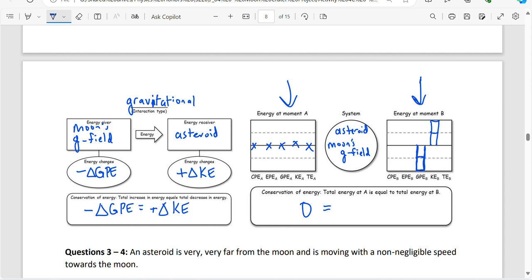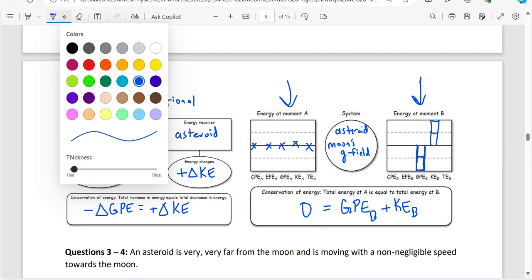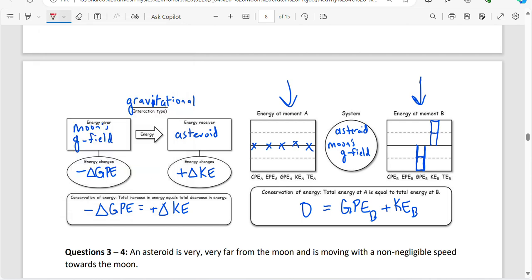And so overall, this equation looks like 0 equals, we have a gravitational potential energy still at B plus a kinetic energy at B. And we're just going to keep in mind that these are all pluses here, but the first number, this GPE, is a negative number. So we have a negative number plus a positive number and that negative plus a positive will give us 0 in the end.